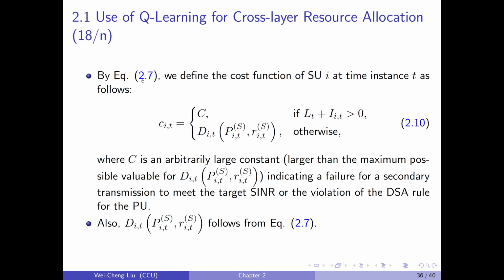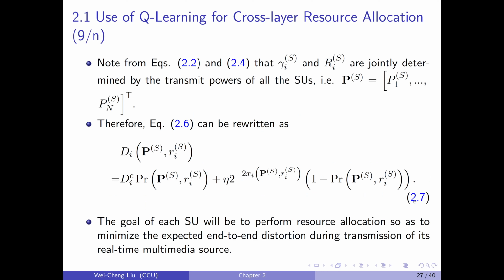By equation 2.7, the end-to-end distortion of secondary user I, D_i, is a function of P_i^s and R_i^s, and can be written as this function.